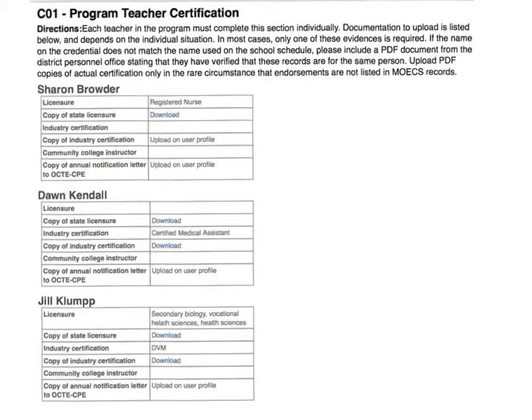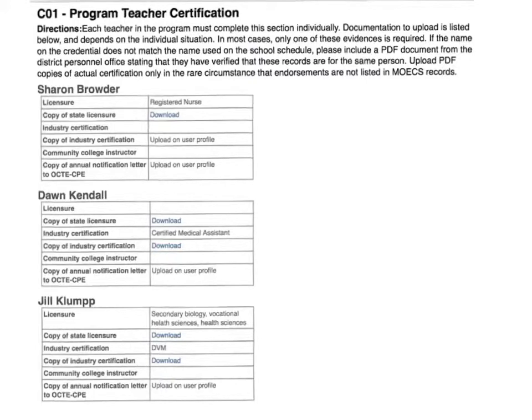So the teacher who you have chosen to be the lead teacher in a PSN and CIP code will go to the CIP Self-Review, and the first thing after their profile, their user profile, will be CO1 Program Teacher Certification.